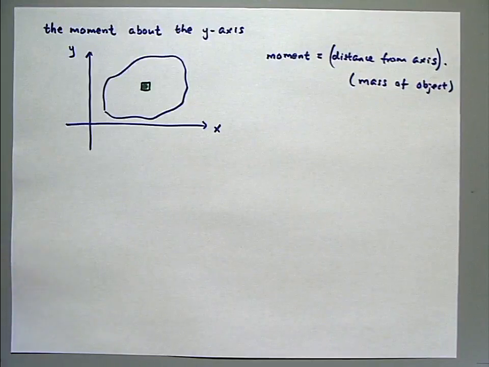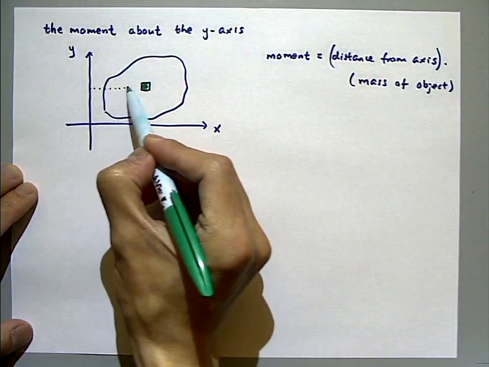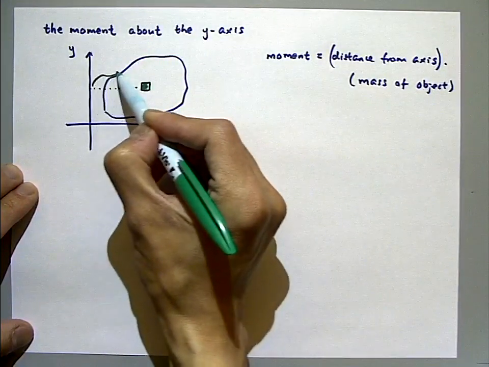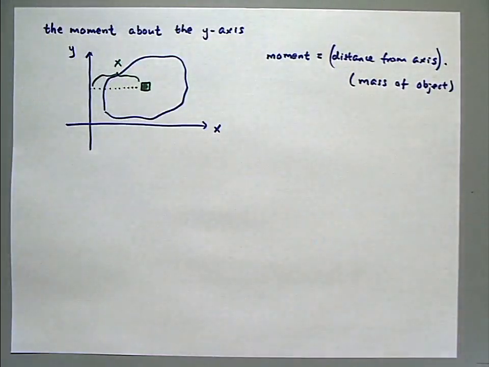Okay, so this tiny little patch in green here has a distance from the y-axis given by x, right? X is where that patch is, and x is also the distance from the y-axis.